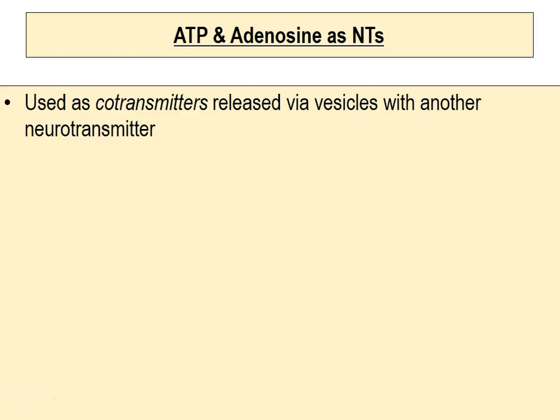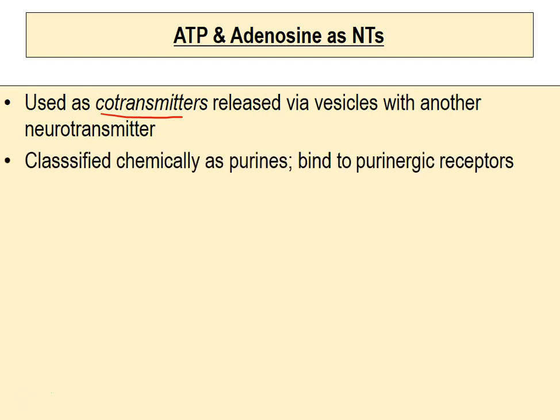ATP and adenosine can also be used as neurotransmitters. In this case, they can be co-transmitters that are released in vesicles along with a neurotransmitter. They are purines, and therefore the receptors that they bind to are called purinergic.